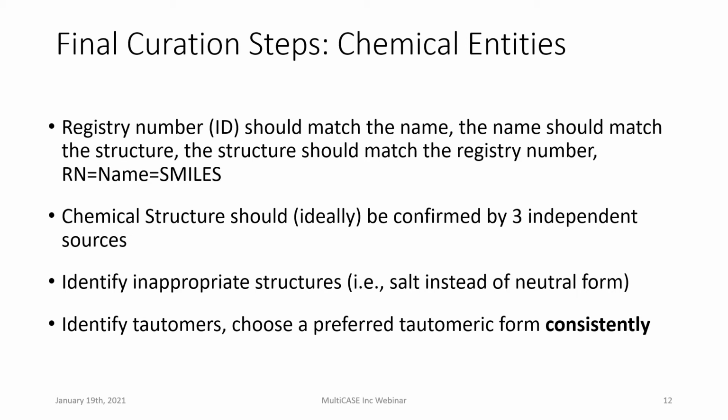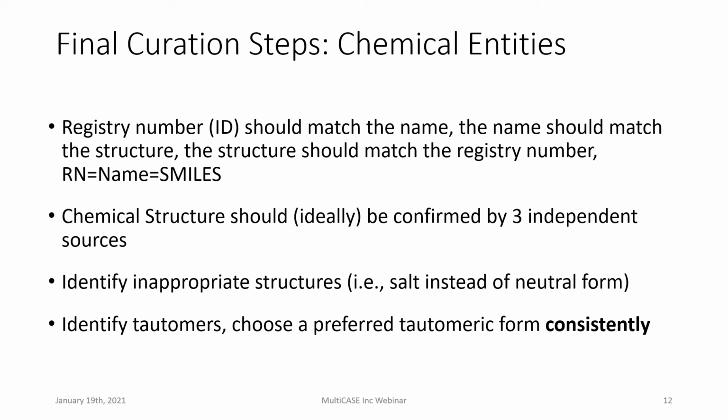We have to identify inappropriate structures. Quite frequently, some sources do not pay attention to whether the structure which they provide is a salt or a neutral form. Sometimes it is important, sometimes not. But if you have a toxicity for acetic acid, and instead of that you are putting the structure of sodium acetate, it's not actually a very correct way of doing things.